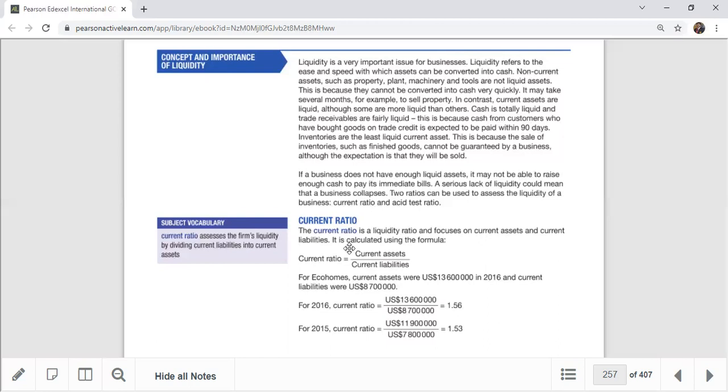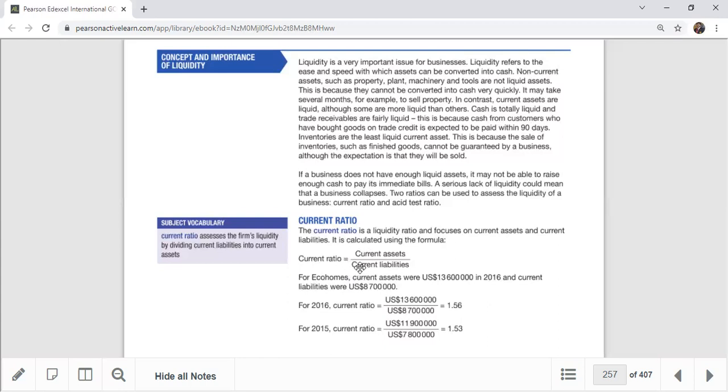It is not a percentage value, it's a ratio, so the answer always comes as 1.5:1 or 2:1, something like that. The current ratio is a liquidity ratio focusing on current assets and current liabilities, calculated by this formula: current ratio equals current assets over current liabilities.